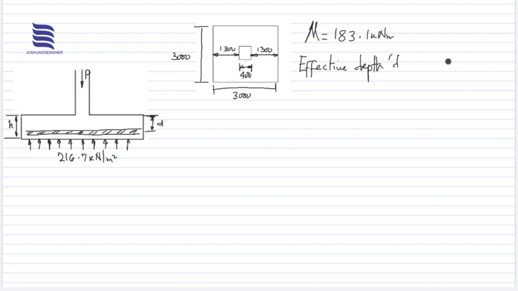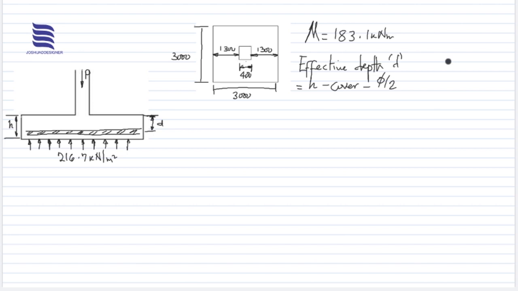This is obtained by subtracting from the total thickness of your base the cover to reinforcement, then subtracting half of the bottom reinforcement.